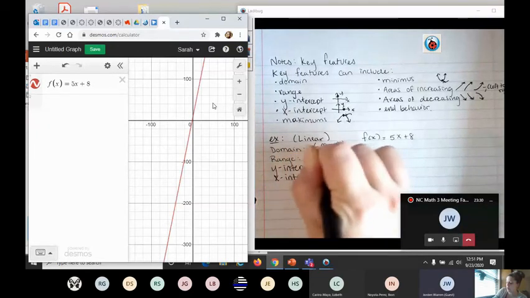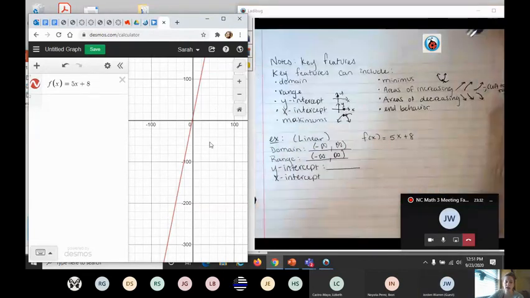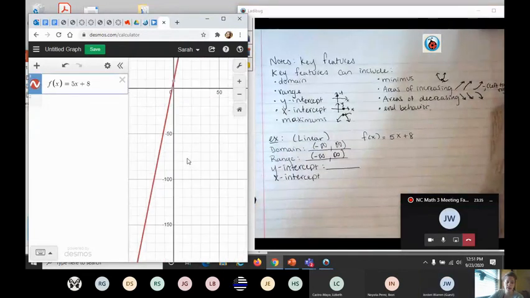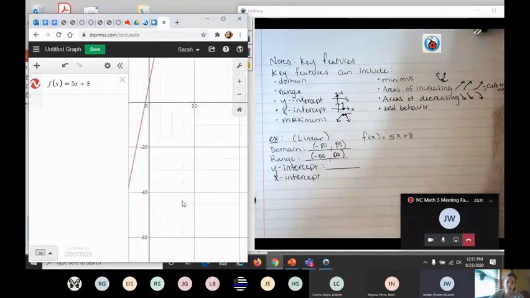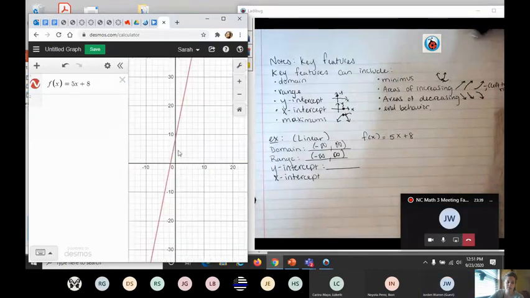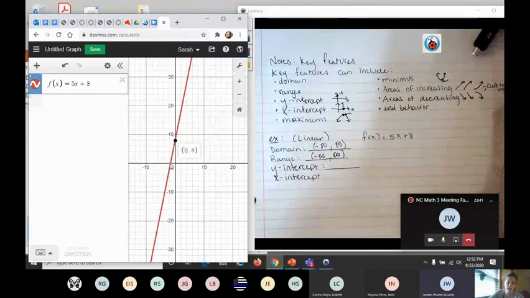Okay, so the y-intercept is where it intersects the y-axis. So I'm going to zoom back in so we can see. And so which of these points is going to be on my y-axis?